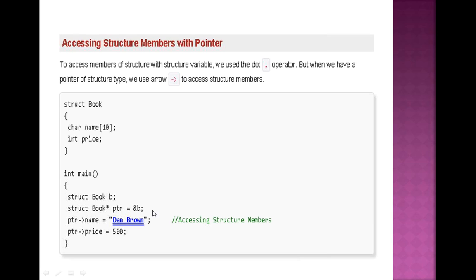In the last program, the output is Dan Brown and 500, because we are accessing the values. So the output has Dan Brown on one line and 500 on another line. But for displaying the output, we have to write printf with ptr arrow name, and printf with ptr arrow price.